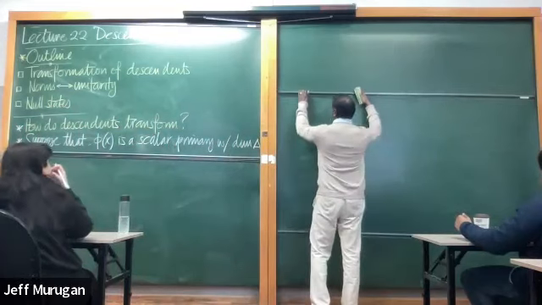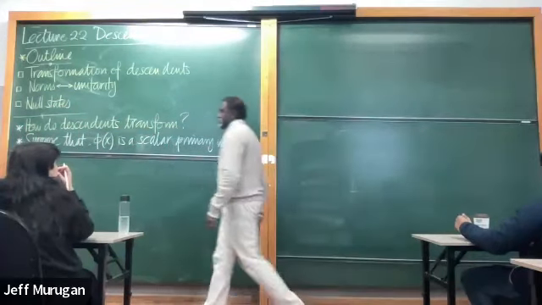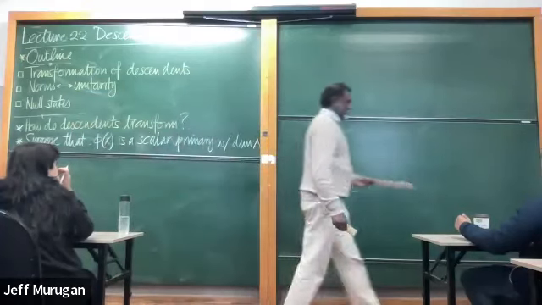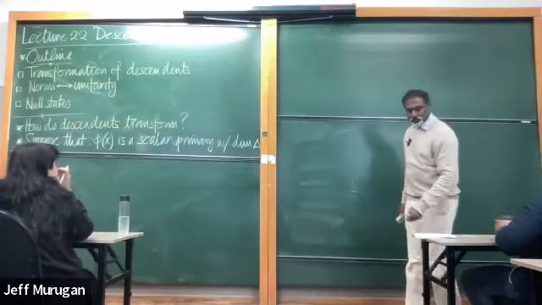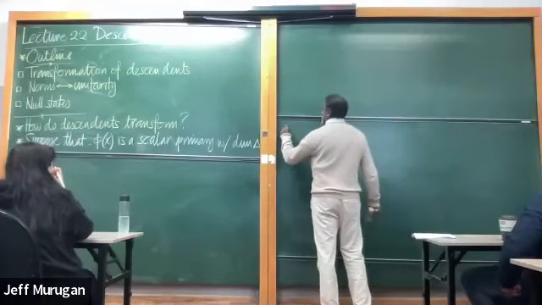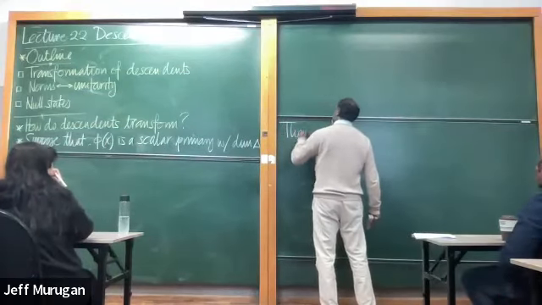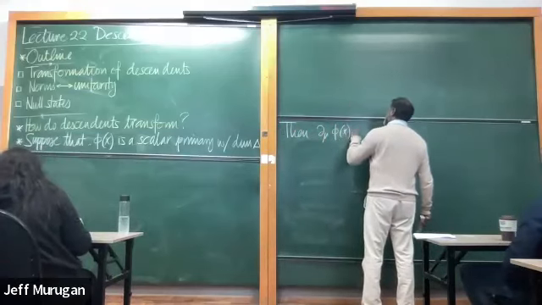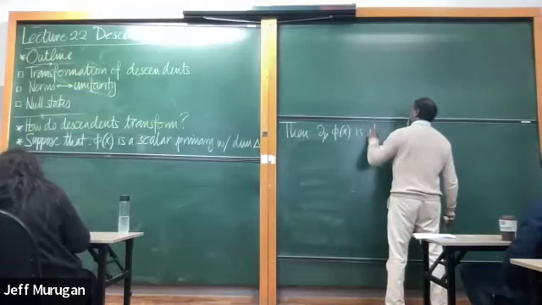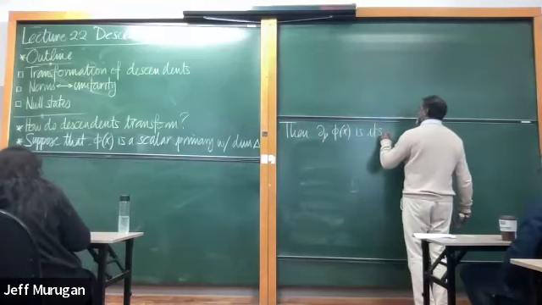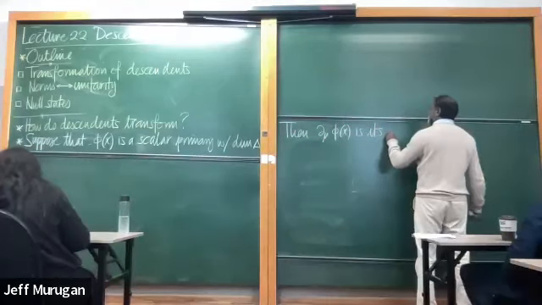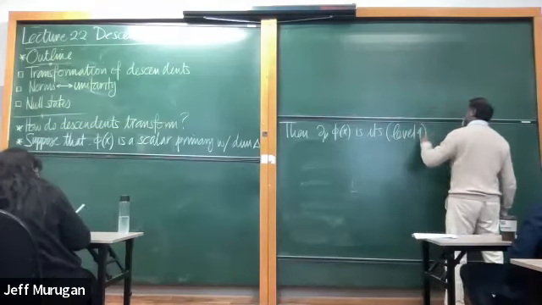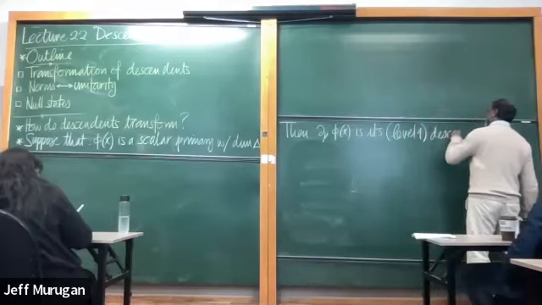Then d mu phi of x is its level 1 descendant.